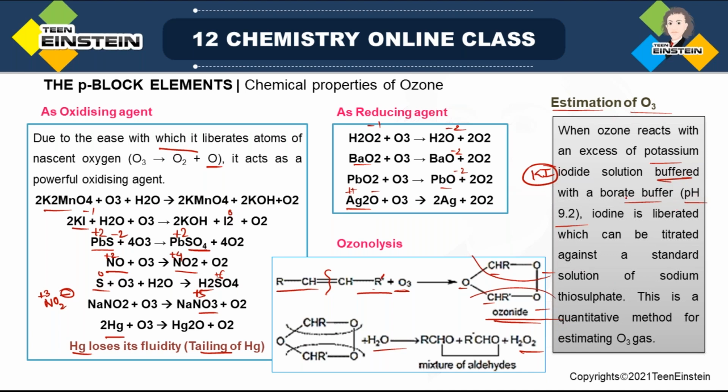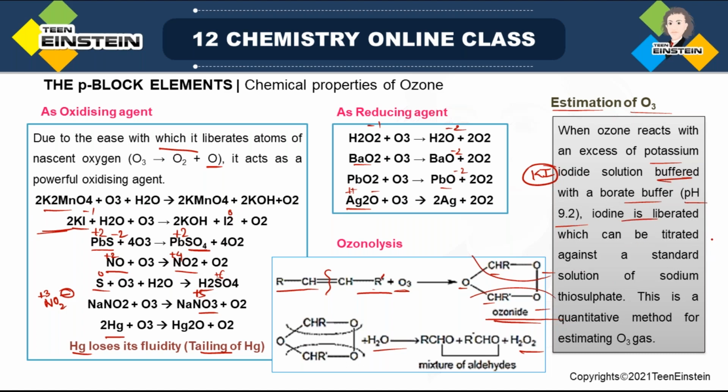Now KI in presence of O3, what happens? We have already seen that KI and O3, you can consider this reaction in the left hand side box. Here KI is oxidized to iodine, so iodine will be liberated.